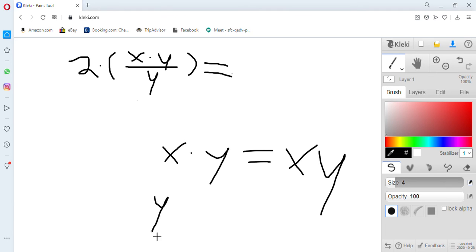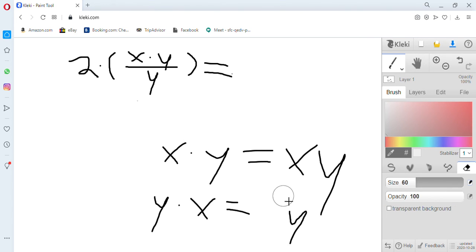But let me point this out as well. Y times x would probably equal xy as well. Okay, I'm drawing sloppy, sorry. It's just a computer, but still. This would probably still be xy, because it would be more proper to have the x before the y.